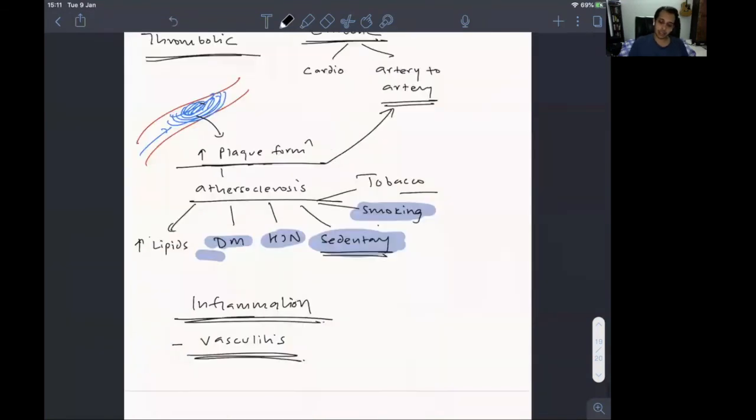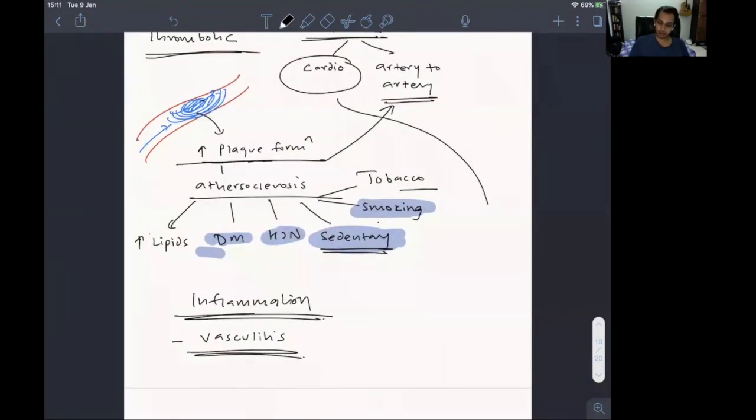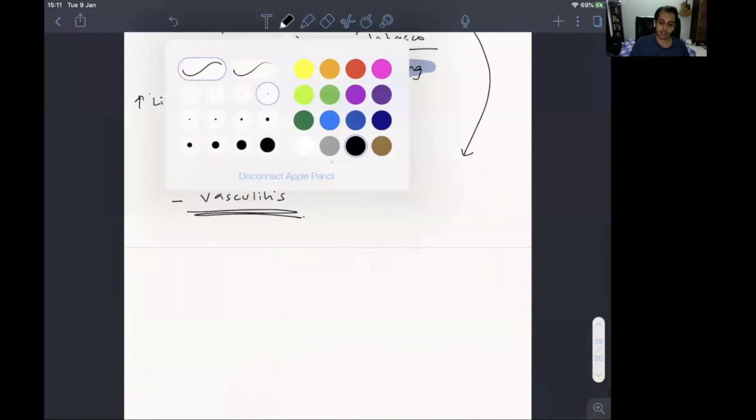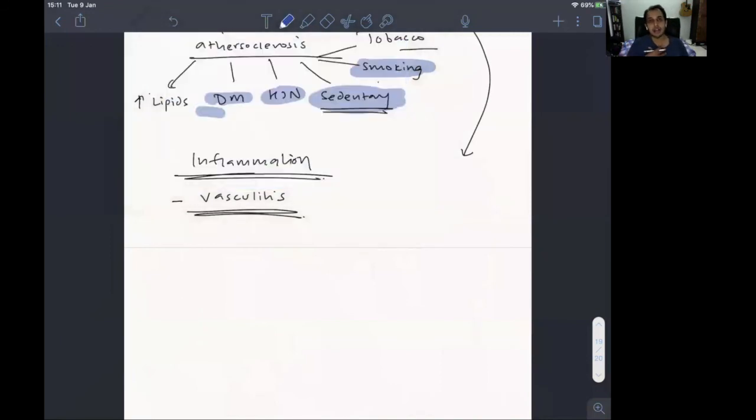But if there is a cardioembolic, there are specific conditions in which your heart will have plaques, which can then break off and then travel all the way to the brain. So one of them is rheumatic heart disease. So suppose there is mitral stenosis or mitral regurgitation, there is stasis of blood. There is blood stasis in the left atrium, and anywhere where there is stasis, there is increased thrombus formation.